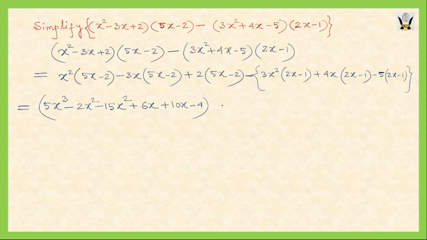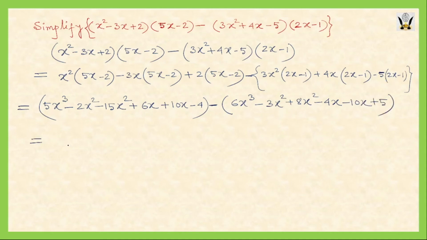So this is one algebraic expression. Then from there we will be subtracting the second algebraic expression. It will be 6x cube, then minus 3x square, then plus 8x square, then minus 4x, then from here it will be minus 10x, from here it will be plus 5.